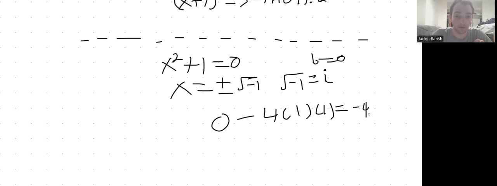You could think of it like that because it's 0x. b squared minus 4ac, you're getting negative 4, right? That's important, okay? That means you have imaginary roots because obviously you can't have a negative number inside of a square root, so we call that imaginary because it's not on the real number plane.